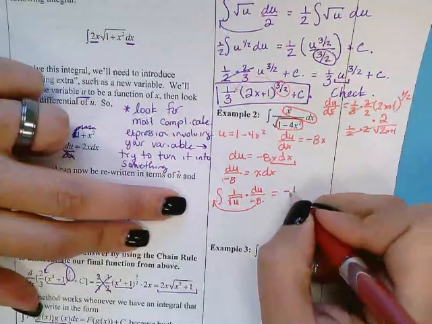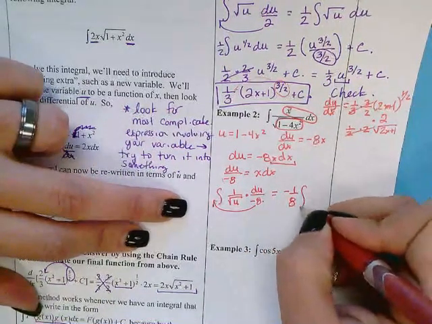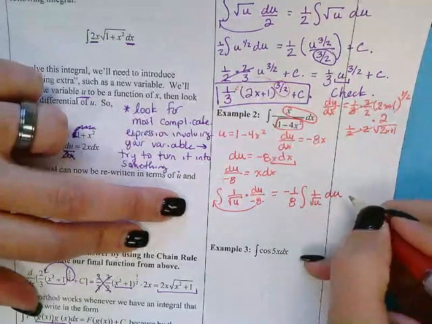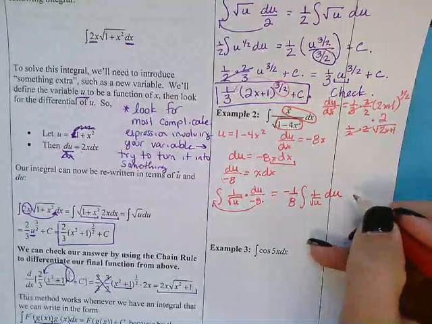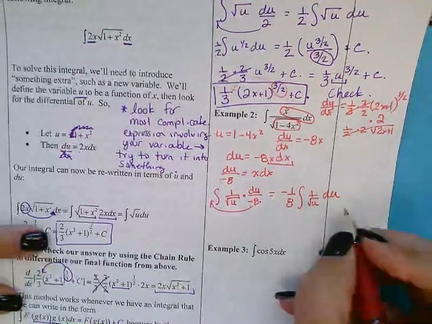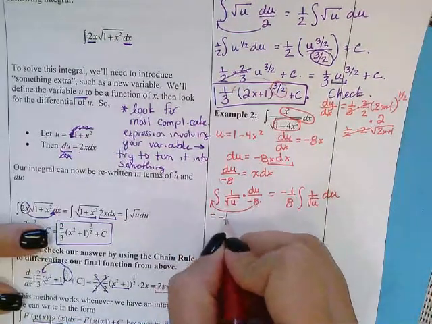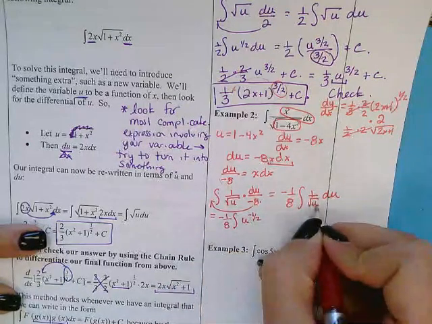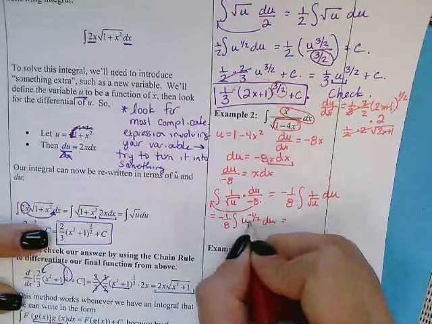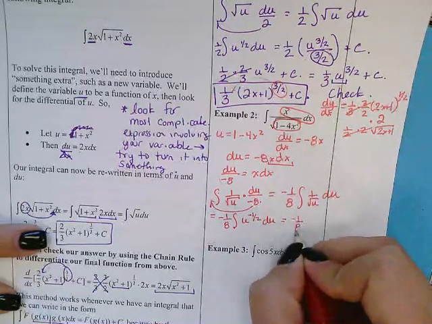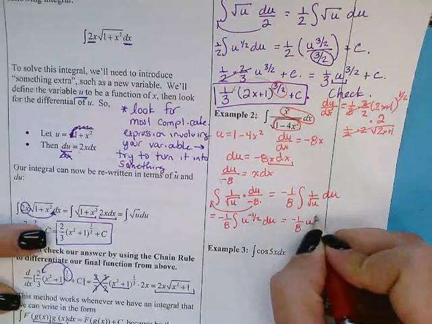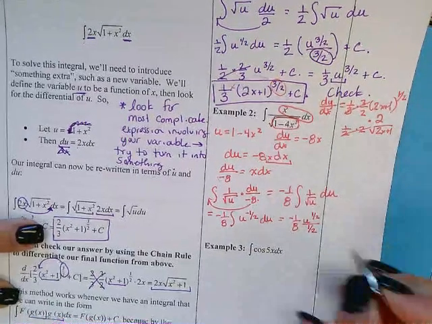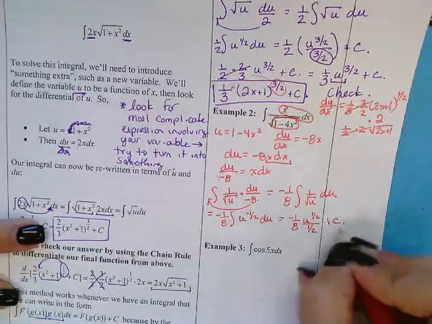So we got negative 1/8, the integral of 1 over square root of u times du. So remember that this is negative 1/8 of the integral of u to the negative 1/2 because it's on the bottom, du. So we add 1, it's negative 1/8 of u to the positive 1/2 divided by 1/2 plus c.